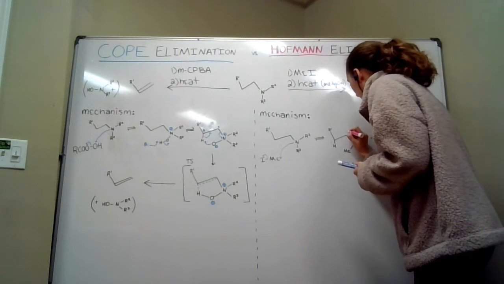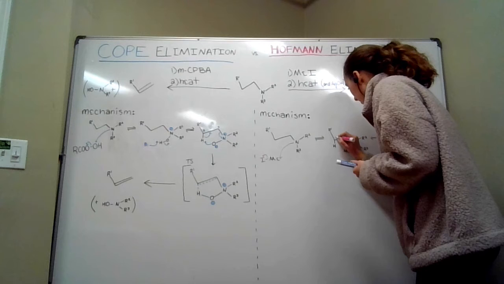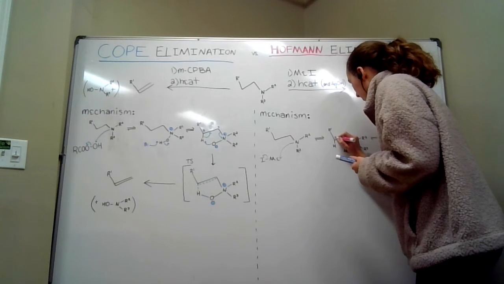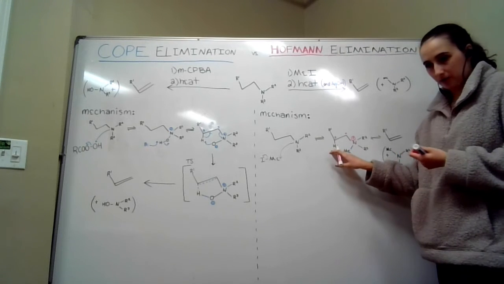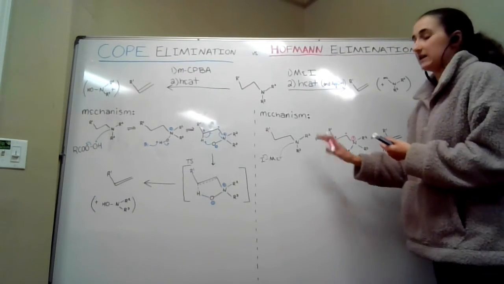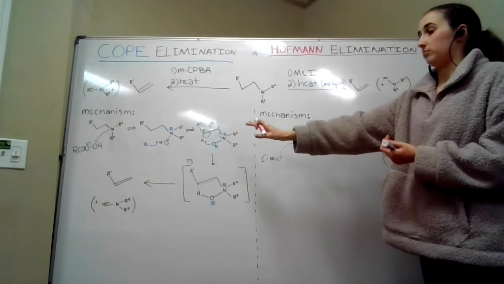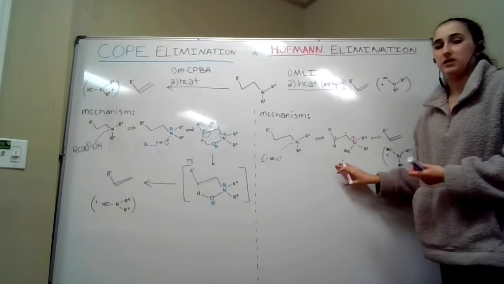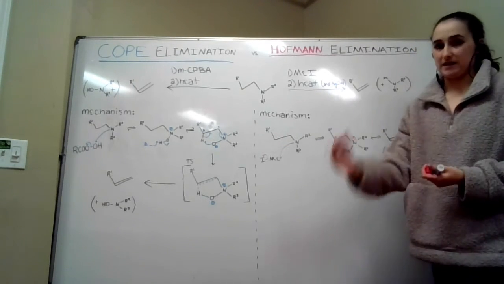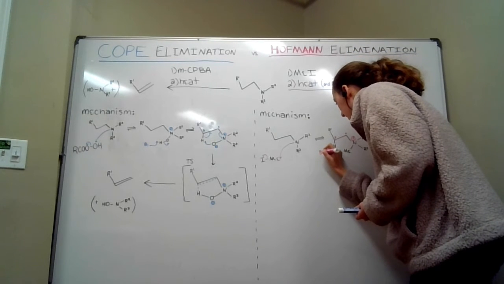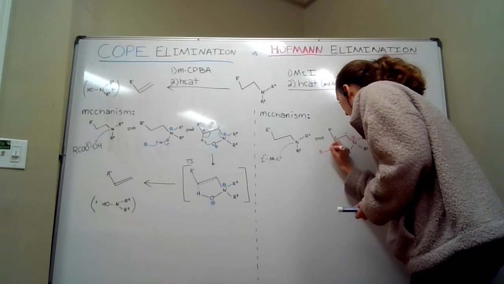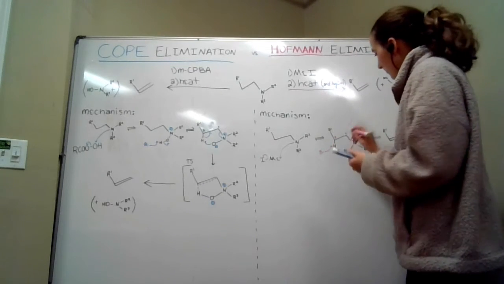So we have our alpha carbon and our beta carbon. So we're going to deprotonate the beta proton. And in this case, unlike the Cope elimination, the Hofmann elimination requires the proton to be anti as well. So we can deprotonate with a base the anti beta proton.